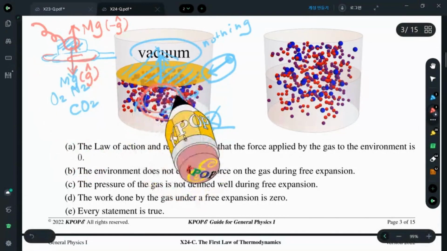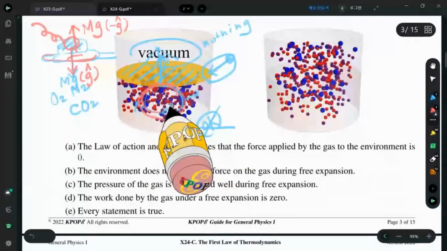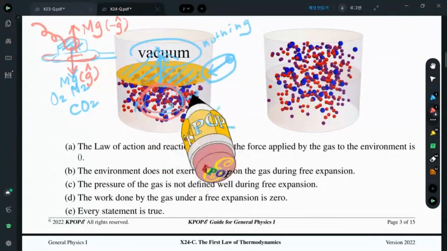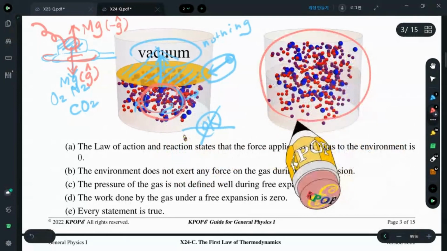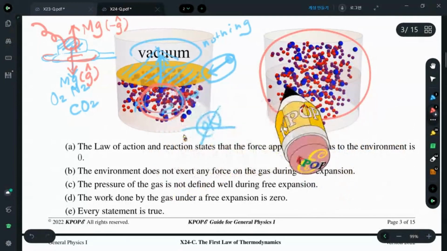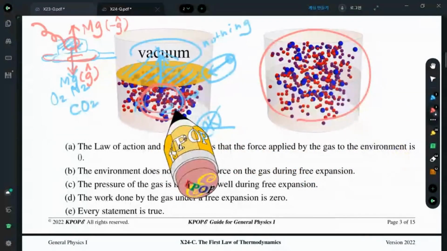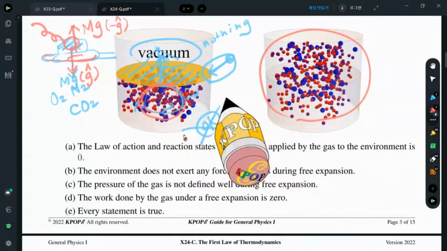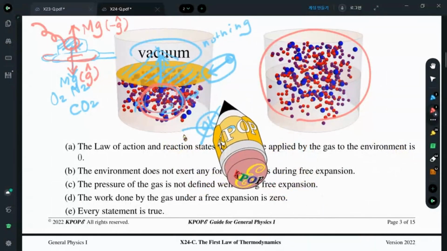So when this gas makes a free expansion to this state, during this expansion, the gas does not work at all.